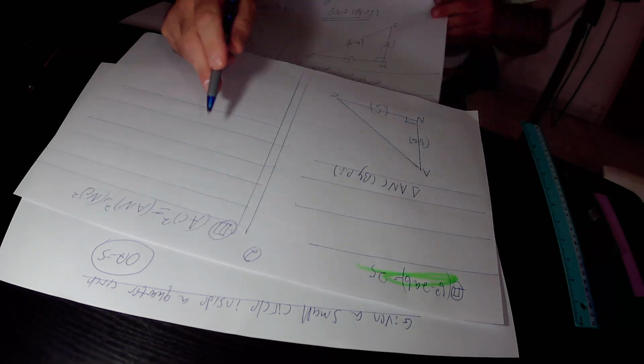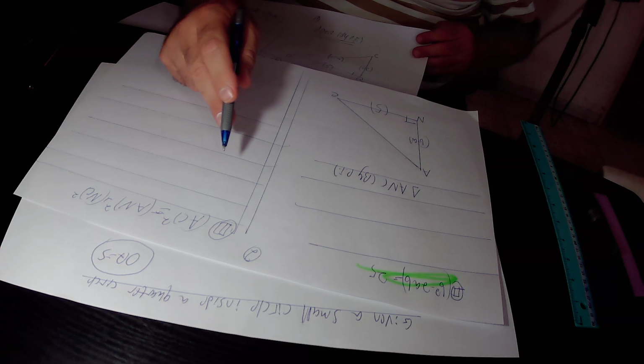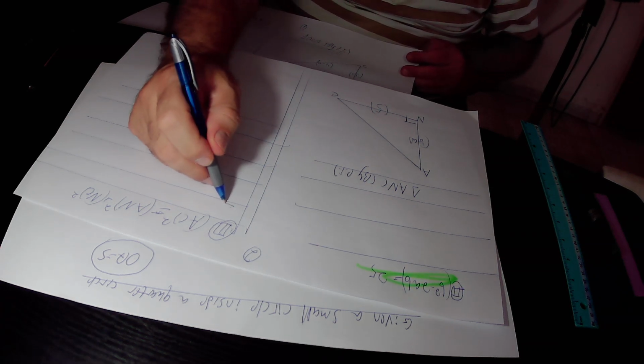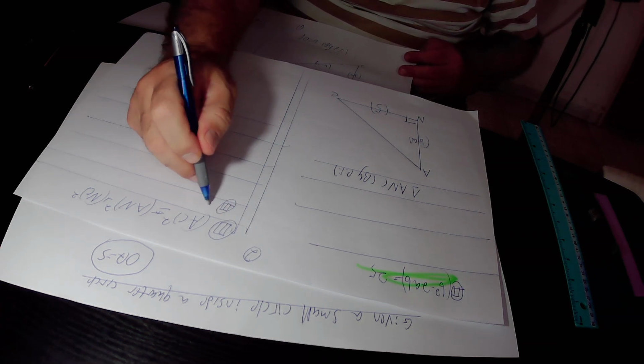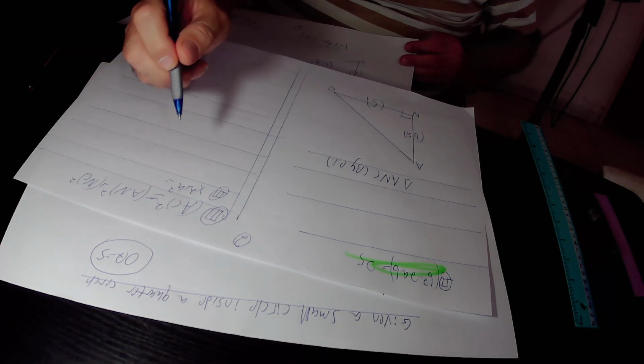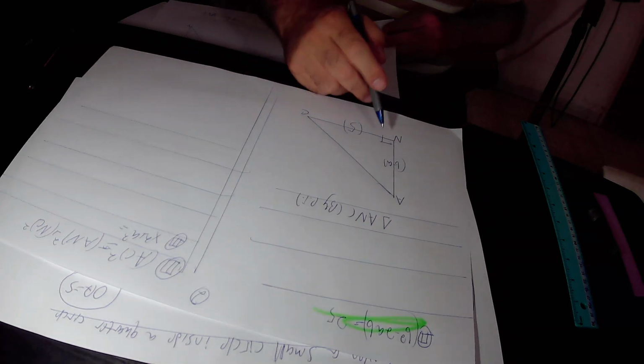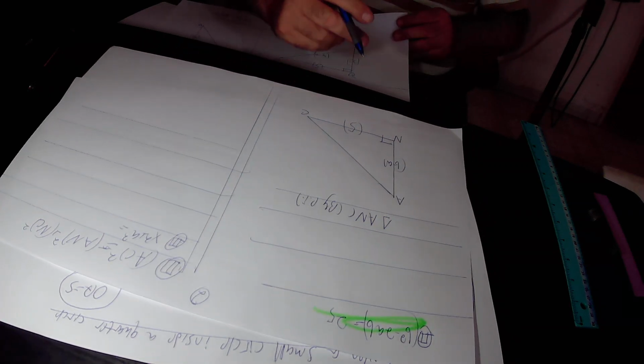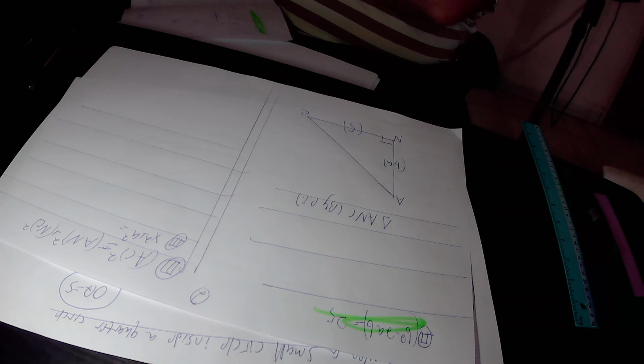Therefore, we substitute AC squared here by X squared plus A squared. And it is equal to AN squared. AN is B minus A, therefore AN squared is B minus A squared.